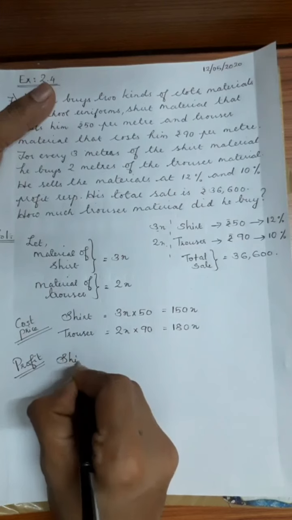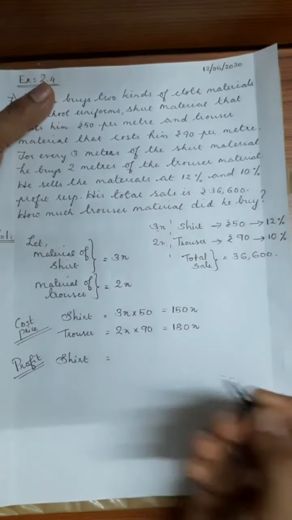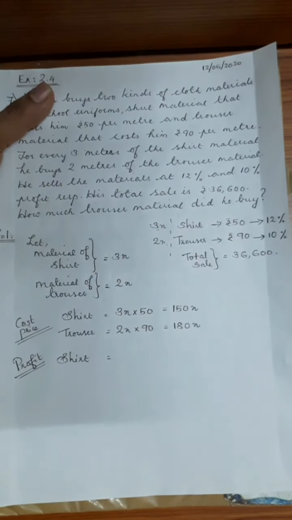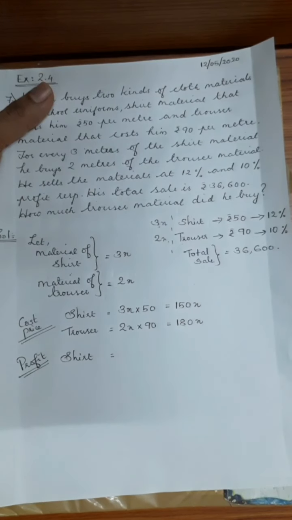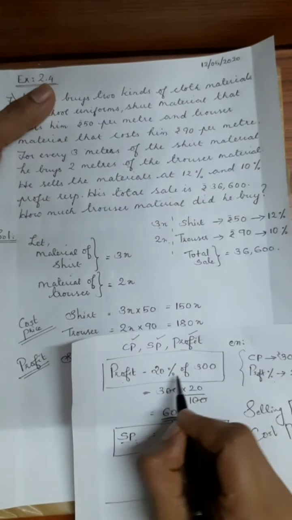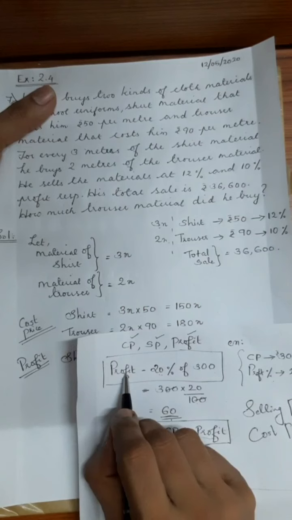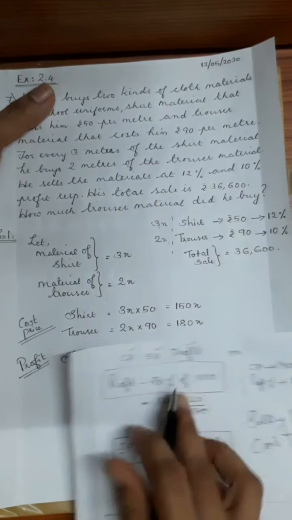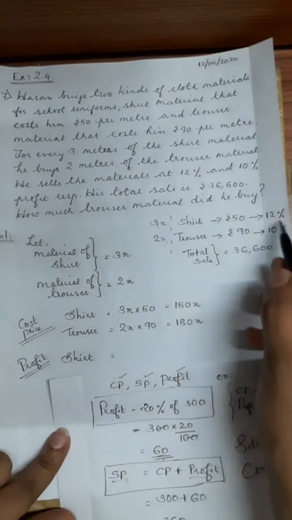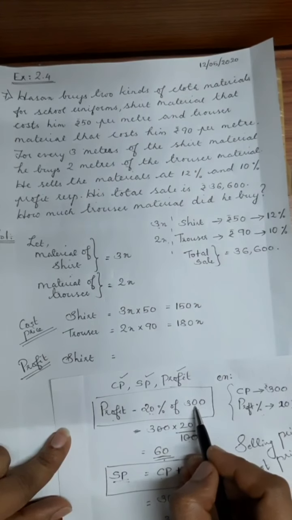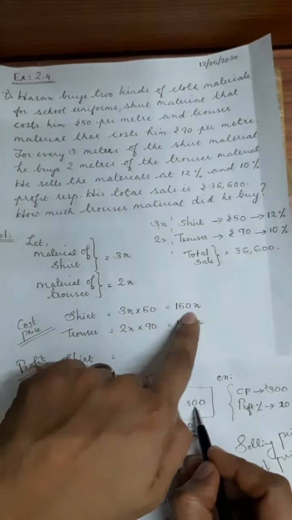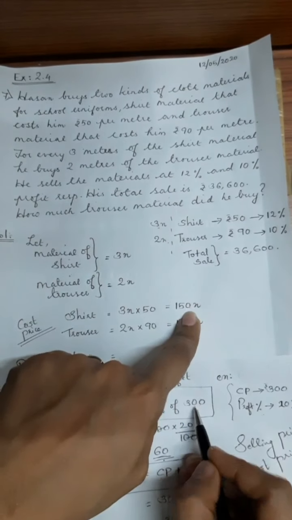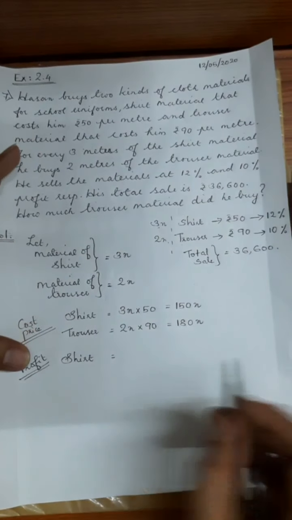As we discussed earlier, if we know the cost price and profit percentage, we can find out the profit, right? Here in this question, what is the profit percentage for shirt? It is said 12%. And what is the cost price of shirt? We have found out that it is 150x. Isn't it, students? So we need to substitute this here.